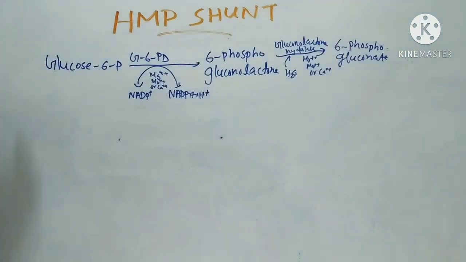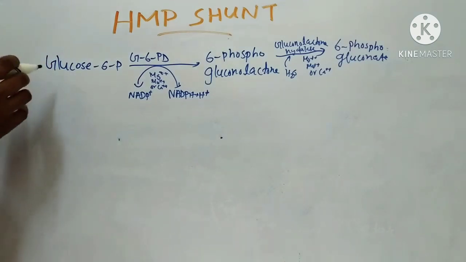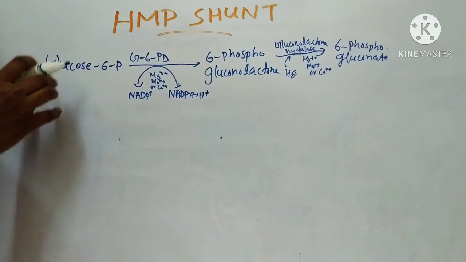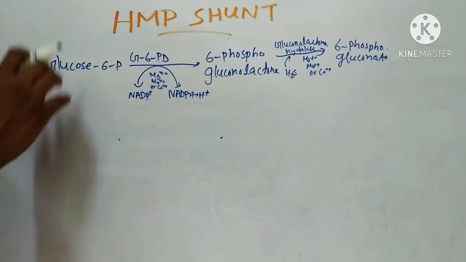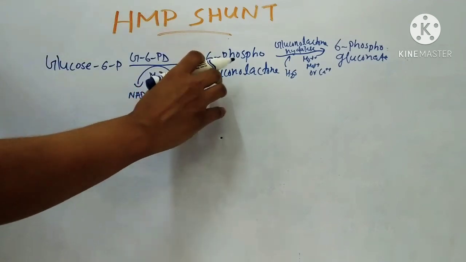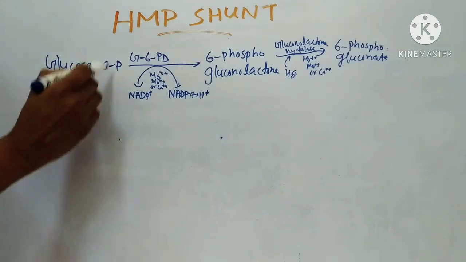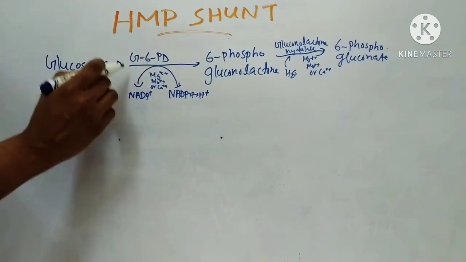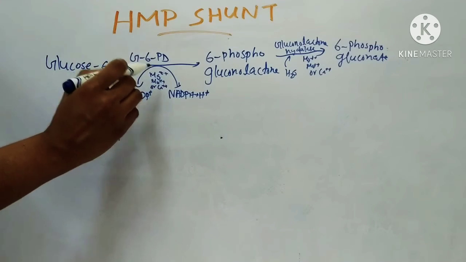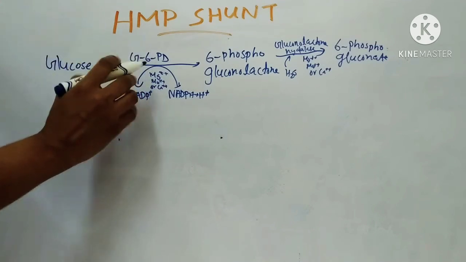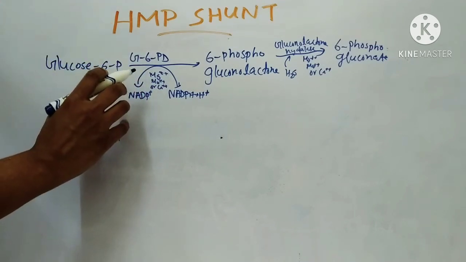So in the first step, glucose 6-phosphate is converted to 6-phosphogluconolactone, then to 6-phosphogluconate. The first reaction is catalyzed by the enzyme glucose 6-phosphate dehydrogenase, or G6PD. It is an NADP dependent enzyme.